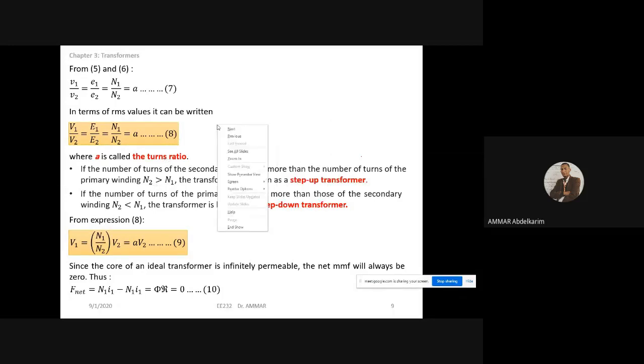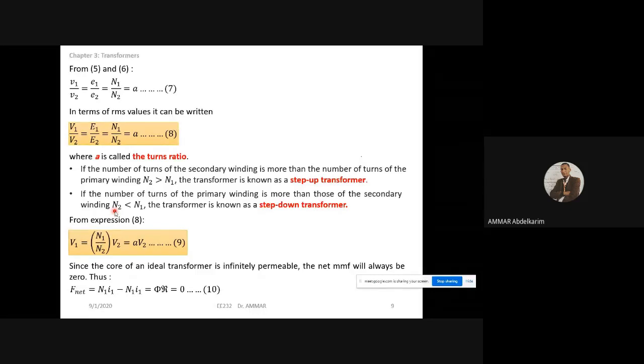At the beginning we said the winding with more number of turns we call high voltage. Here N1 has the bigger number of turns, so it is high voltage. Here N2 has fewer turns, so it is low voltage. Wherever you find the bigger number of turns, that's the high voltage winding; wherever you have fewer turns, that is the low voltage winding.